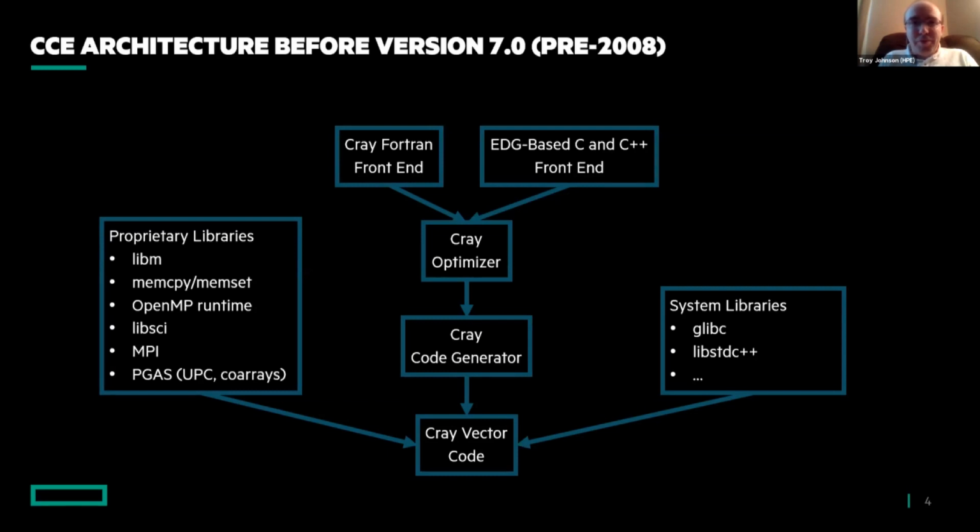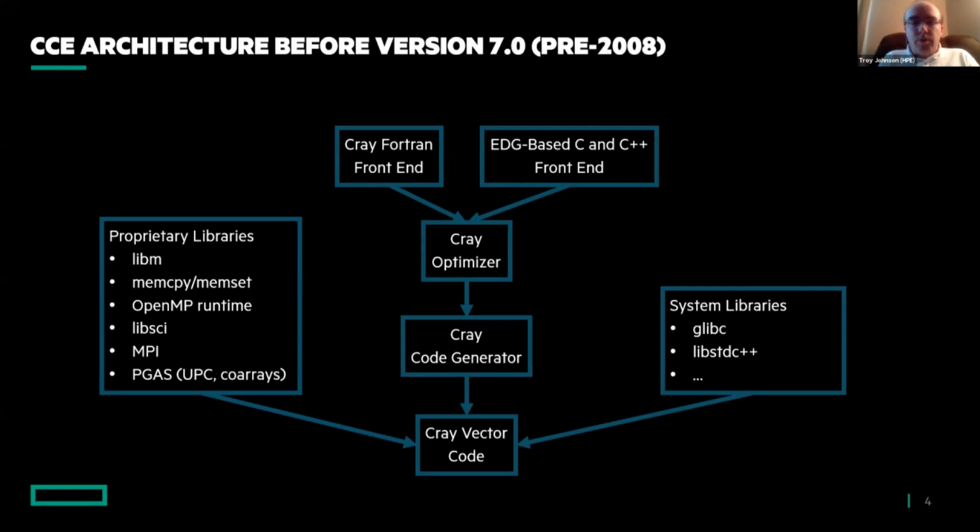A long time ago, before 2008, so before CCE version 7.0, we had an architecture that looked like this, where we had our proprietary Cray Fortran front end that we had developed in-house. We had an EDG-based C and C++ front end, which we had customized to some extent internally.